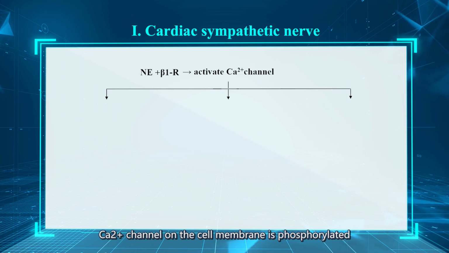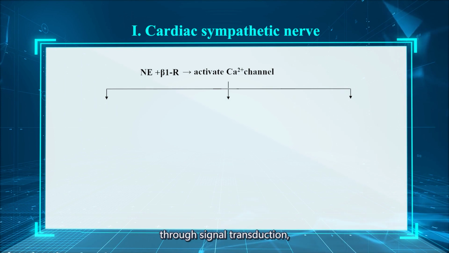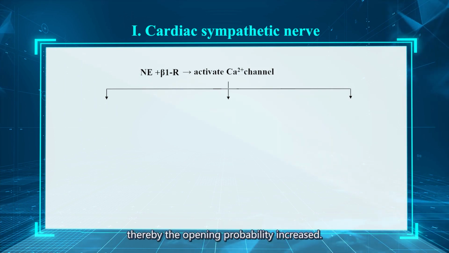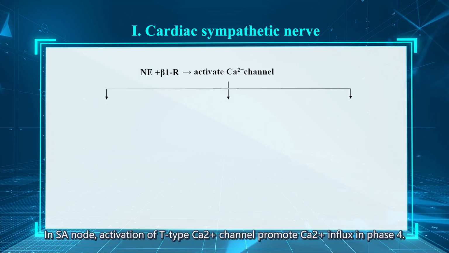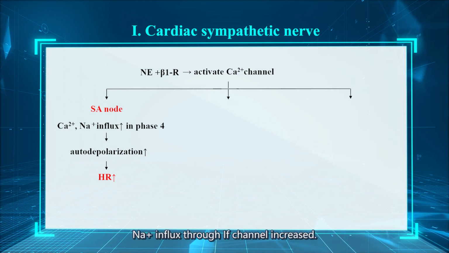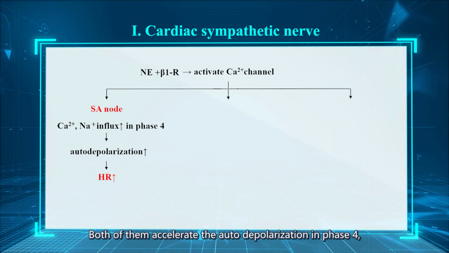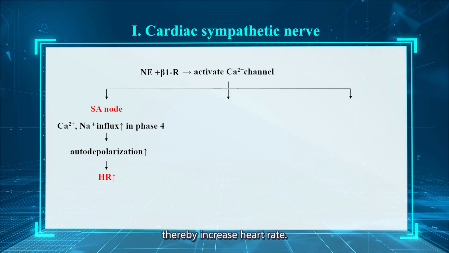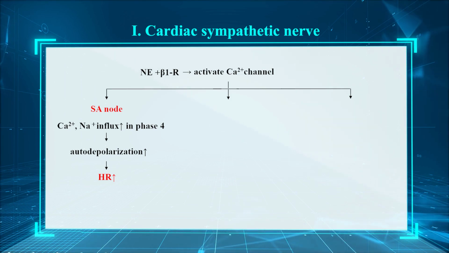The calcium channel on the cell membrane is phosphorylated through signal transduction, so the opening probability increases. In the SA node, activation of the T-type calcium channel promotes calcium influx in phase 4. Sodium influx through the If channel increases. Both of them accelerate the spontaneous depolarization in phase 4, thereby increasing the heart rate.